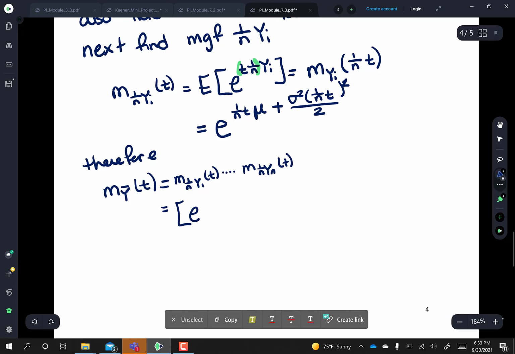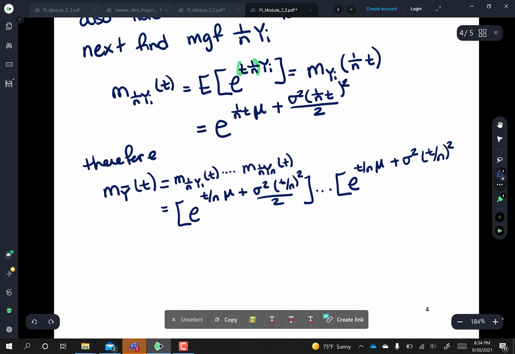Actually, to make this easier, I'm just going to write t over n, multiplied n times. Now notice this would not be the case if those normal distributions did not all have the same mean and the same variance, but you could do something very similar.